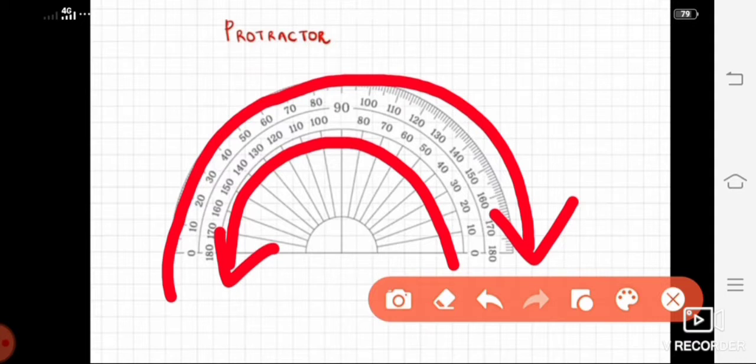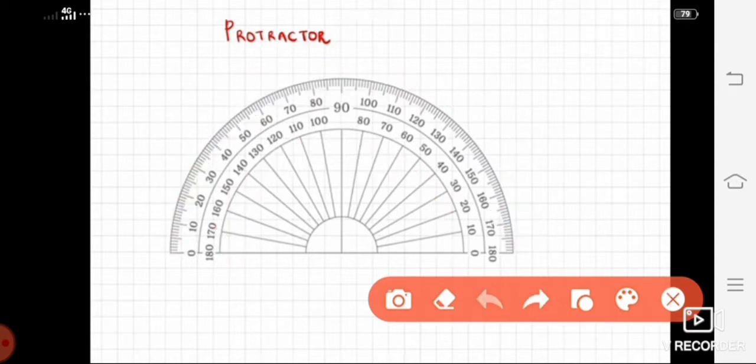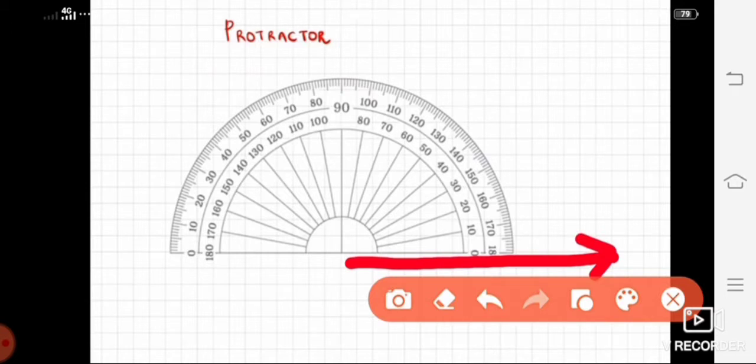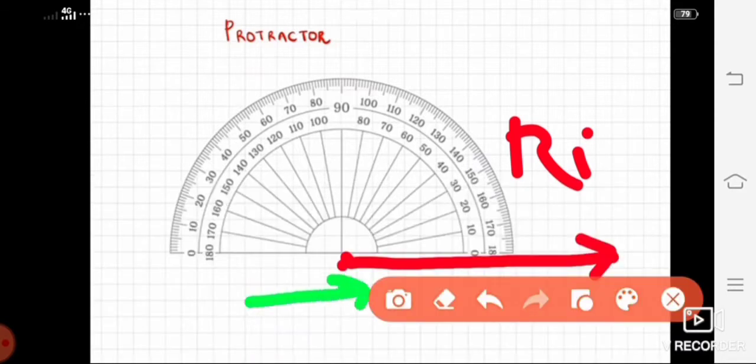Now how to use it? See here, when you have a line at this side, suppose this is a ray. I have kept my protractor on that. My center is here on the protractor. My protractor is at the right hand side, yes or no? Because my ray is at the right hand side. The ray which I drew, is it at the right hand side?